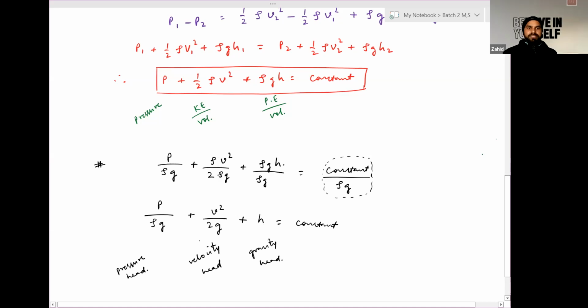So the sum of these three quantities at any instant will also be constant. Why is it called head? It is simply because we can define these quantities at any instant for that particular flow. Is it clear?